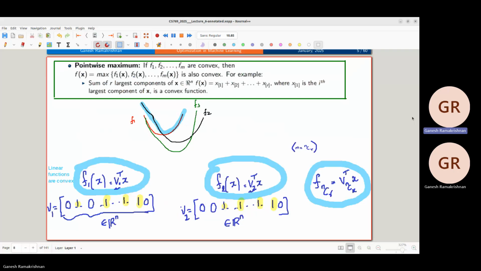The moment I fix the index, the function gets fixed in terms of the index.